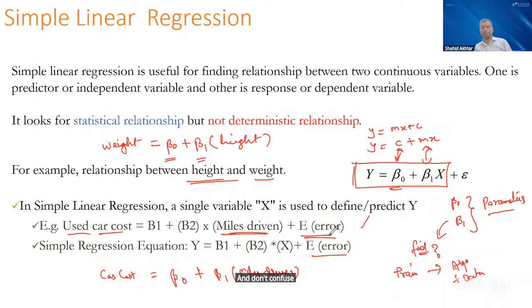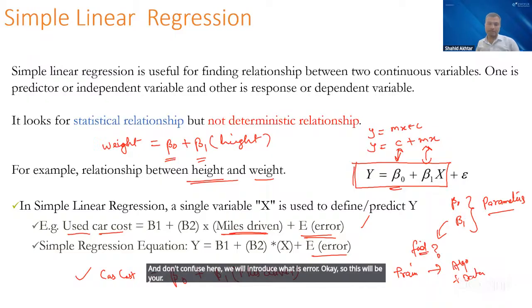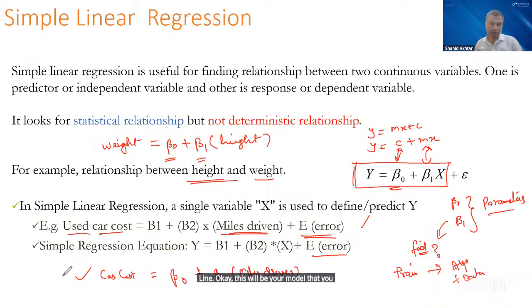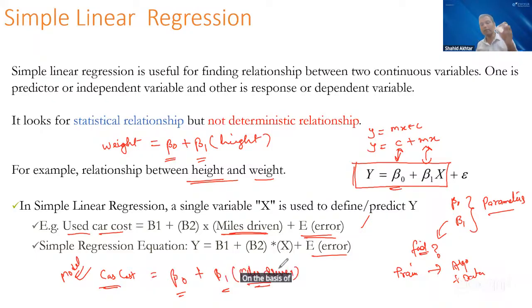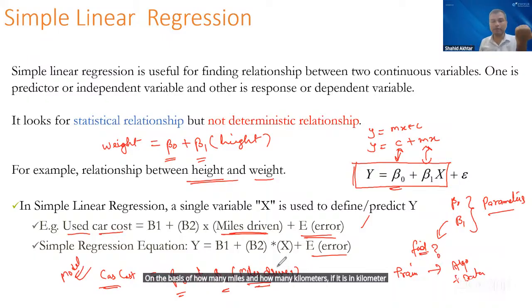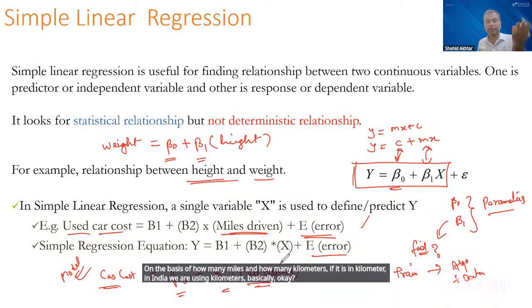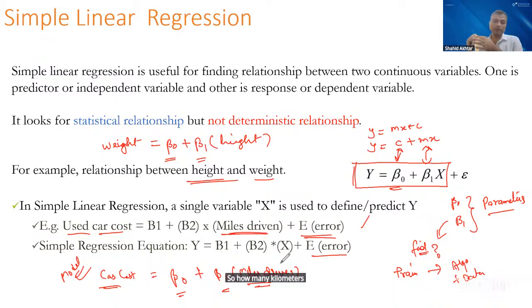We will also introduce what the error is. This will be your line, your model. Using beta naught and beta 1 values, you predict the car cost on the basis of how many miles or kilometers it has driven. In India we use kilometers.